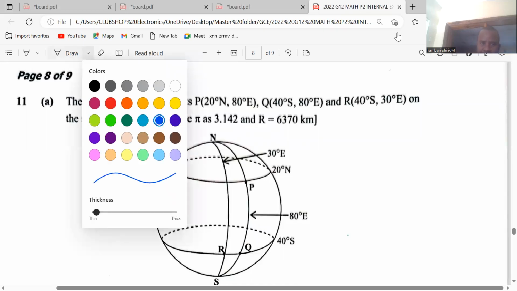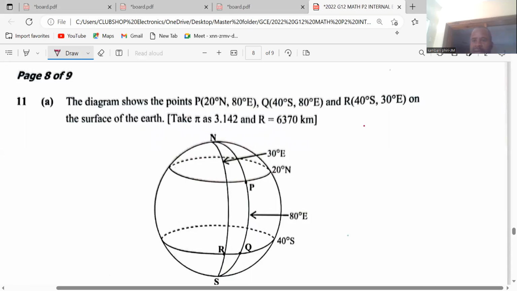The diagram shows the points: P is 20 degrees north, 80 degrees east. We have Q, 40 degrees south, 80 degrees east. And the last point, which is point R, 40 degrees south and 30 degrees east on the surface of the Earth.